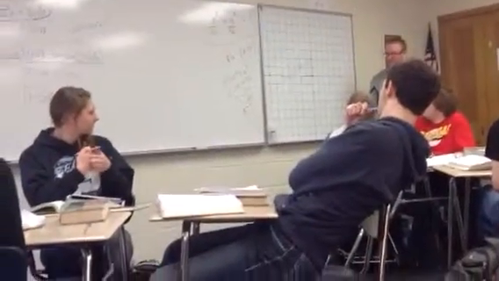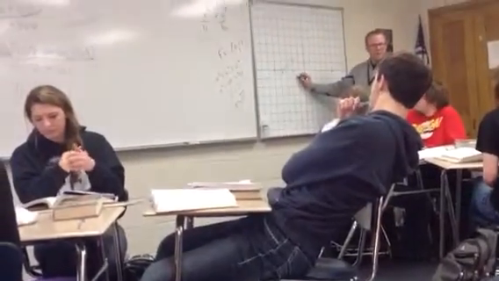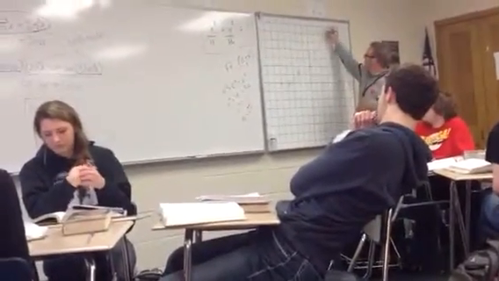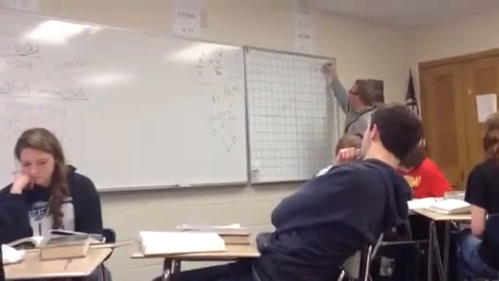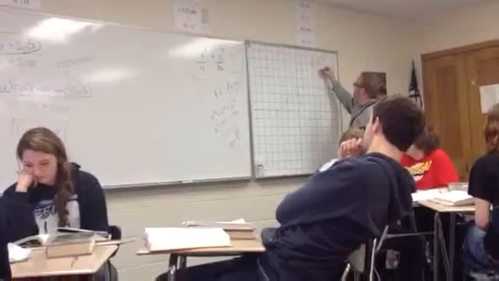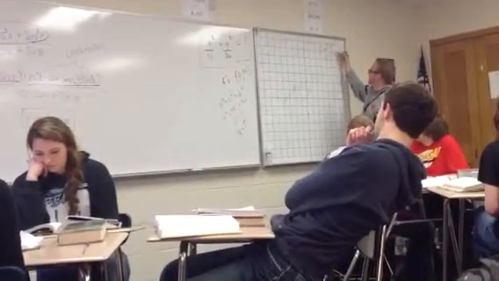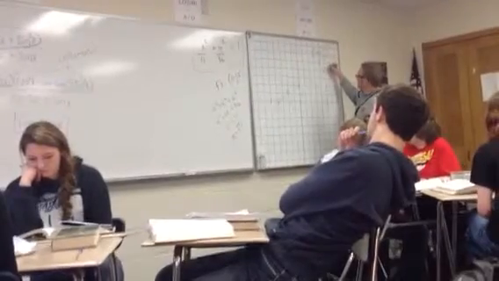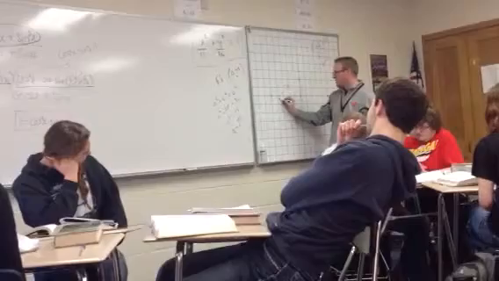Pythagorean again. Alright, that looks like b to me, right? It's the medium. 2 squared plus b squared, or question mark squared, equals 5 squared. Alright, b squared equals 25 minus 4. Square root. That length is radical 21. Well, what's the question? What are the coordinates of the foci?